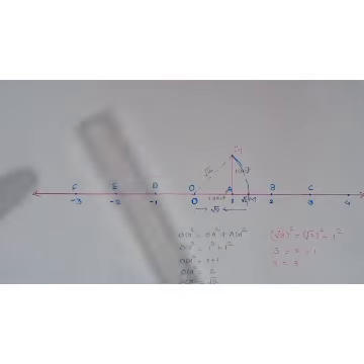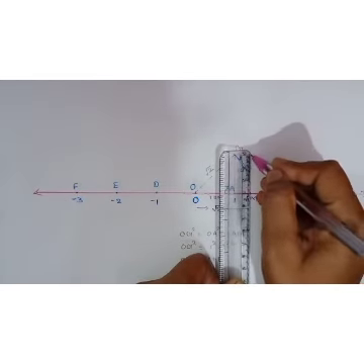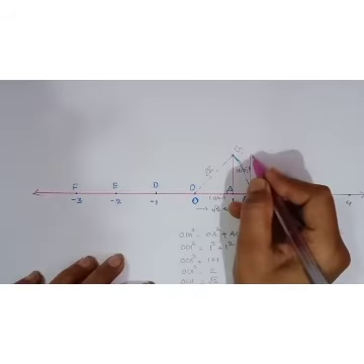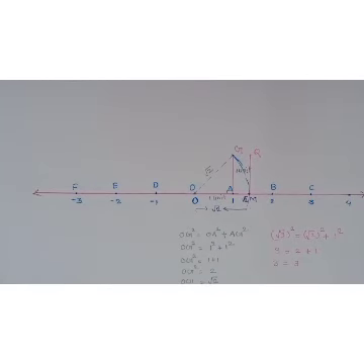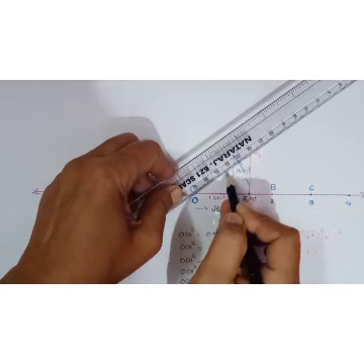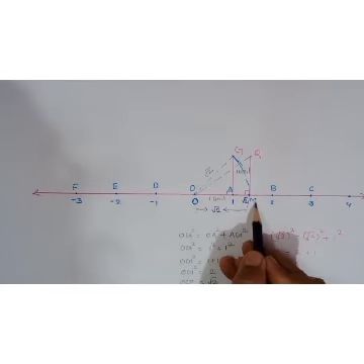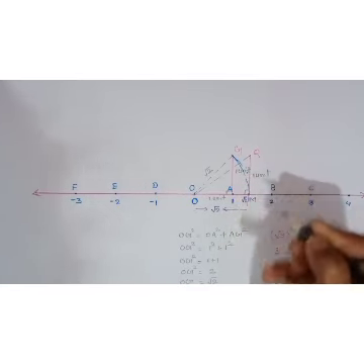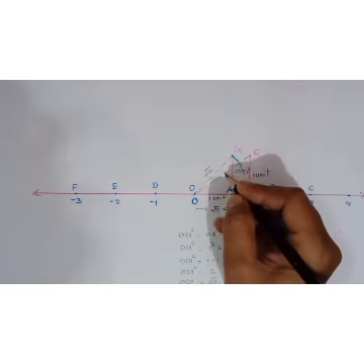Therefore, we have to take a unit perpendicular distance at the point M. And let this point be Q. Now, if we join O and Q, then here also by using Pythagoras theorem, OM is root 2 units, MQ is 1 unit. Therefore, OQ distance is root 3.